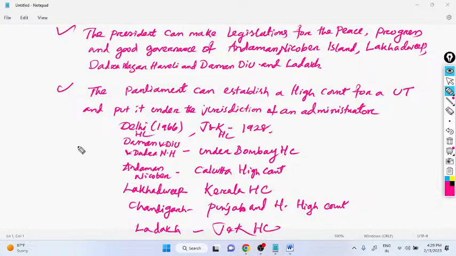Home Minister's Advisory Committee and Administrators Advisory Committee, two major committees. The Home Minister's Advisory Committee is the principal body which takes the major decisions in the union territories. Okay. So these are the major areas.